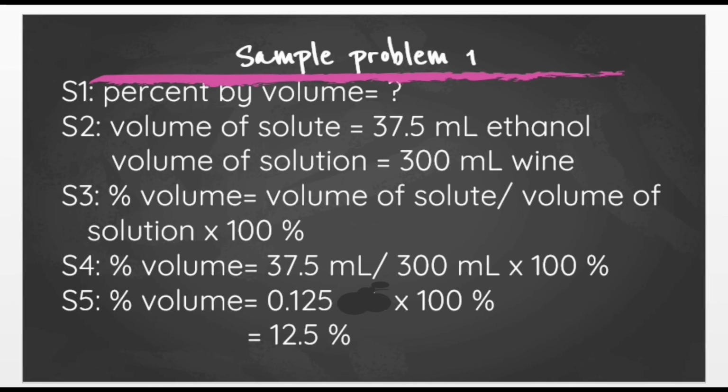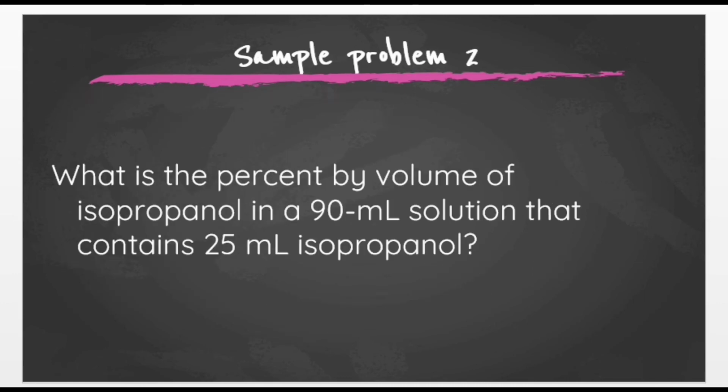Mao na ang percent by volume. So, mao na ang answer sa atong sample problem number 1. Let's go now to our sample problem number 2. What is the percent by volume of isopropanol in a 90 ml solution that contains 25 ml isopropanol?